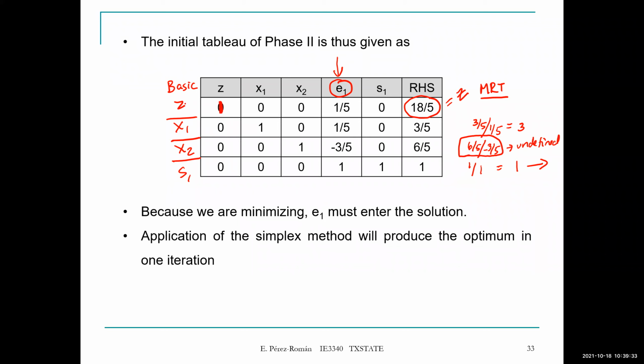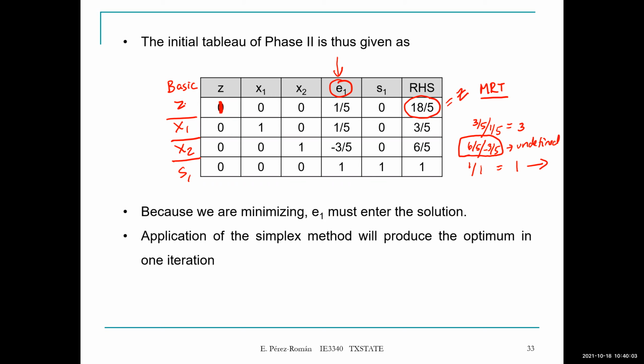So we have, for this X2 is equal to negative. Yeah. So the minimum ratio test has to be positive. Yeah, so if it is negative, we don't take that into account. It is undefined. And if you're dividing by 0, it is also undefined. So we don't take that into account either. 0 is undefined, negative is not taken into account. Only positive ratios. Okay.